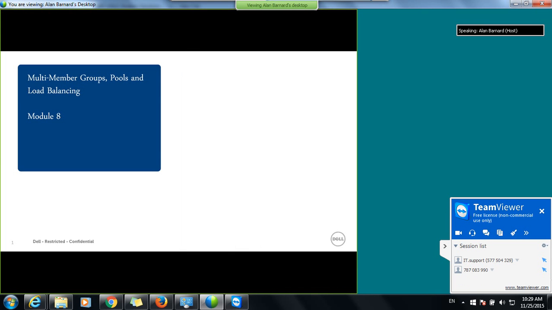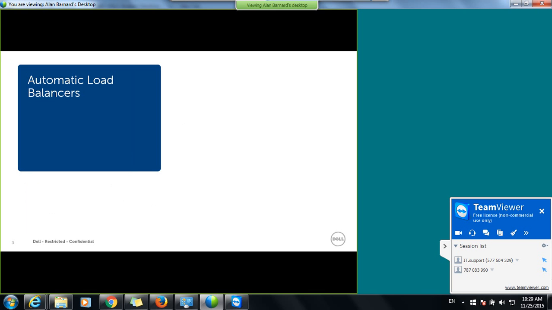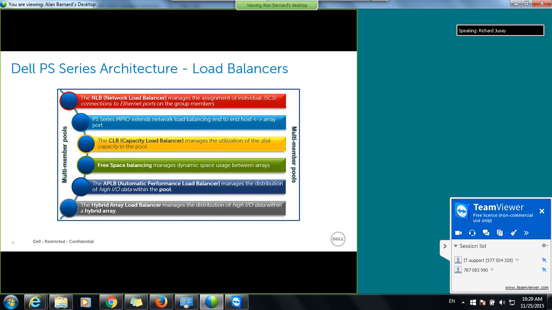So module 8. Module 8 is about multi-member groups, pools, and load balancing. First of all, a feature in EQLogic is that everything is automatically load balanced. That's why we call it EQLogic, to make it equal, to make it balance. These are the main load balancing features in EQLogic.